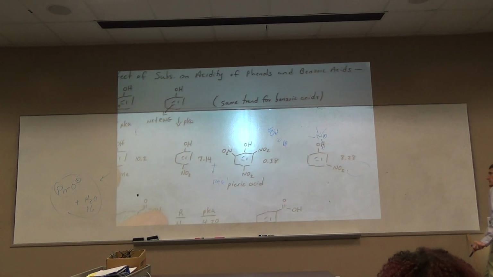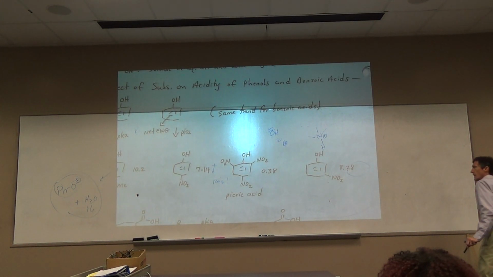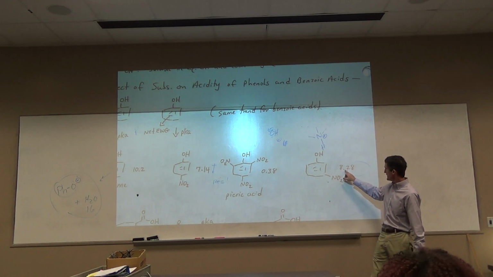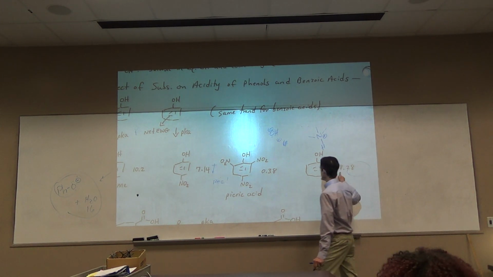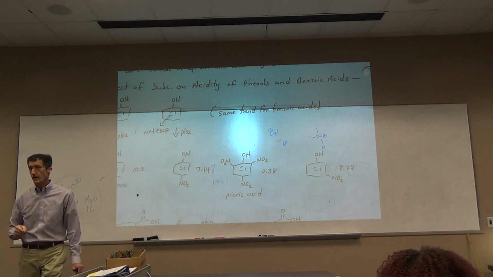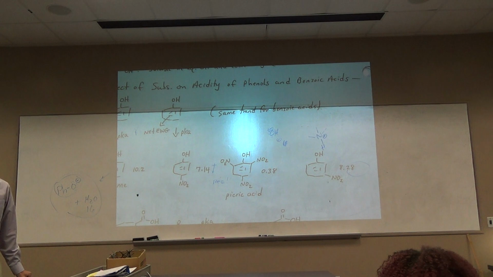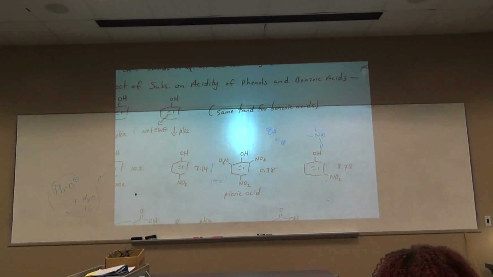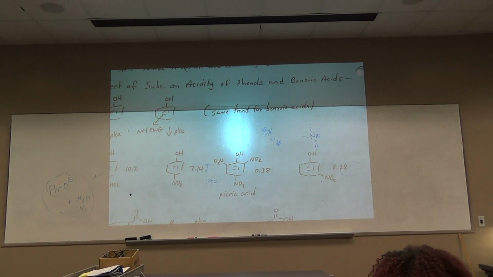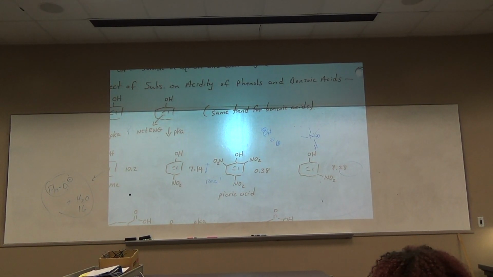Look at this example over here, and compare it to this one. Why is that one less acidic than this one? Clearly it's not. What's going on here? It's more stabilized because the OH is a strong acid.